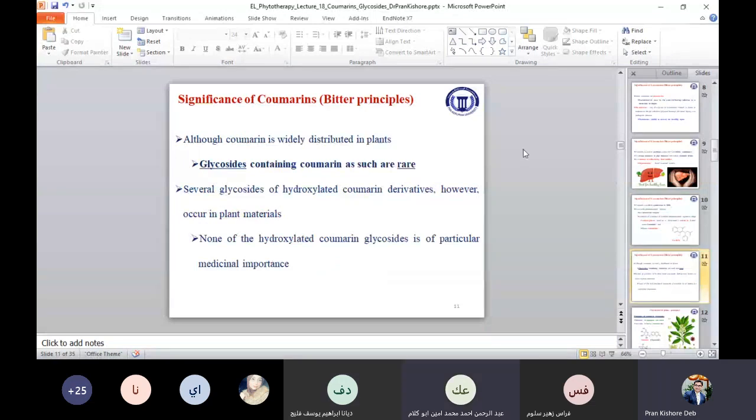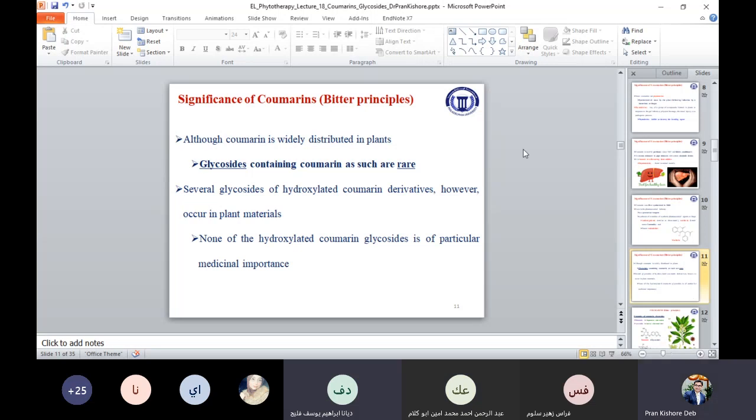And then when we started talking about the coumarin glycoside. Regarding coumarin glycoside, how many points did I say to remember? Two. They are rare, and the ones that are available do not have medicinal importance. Very good.